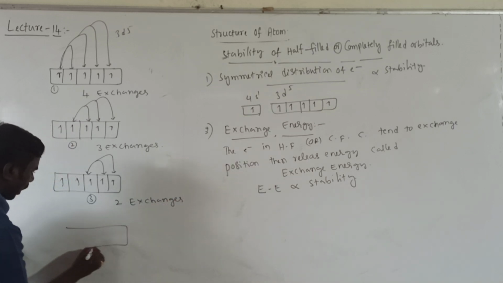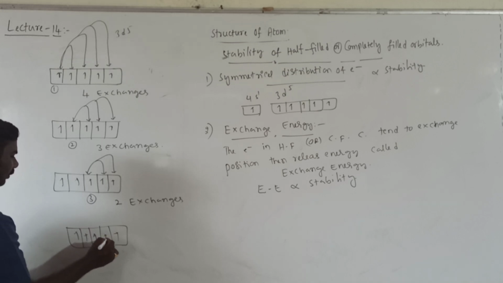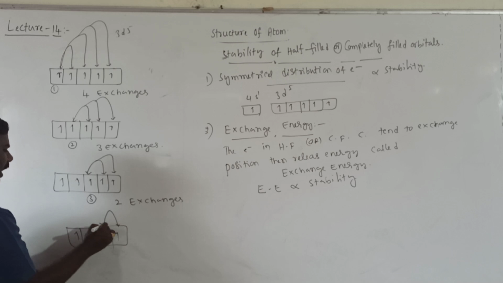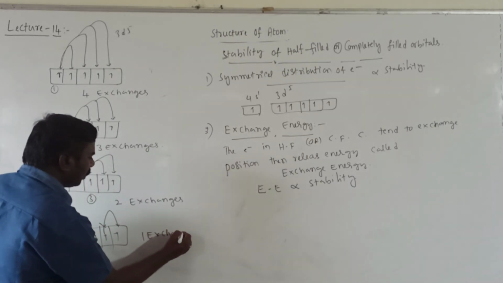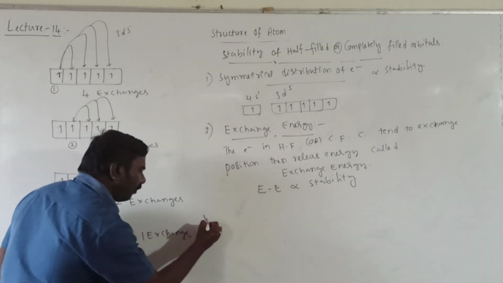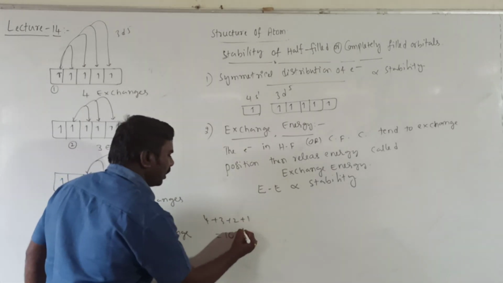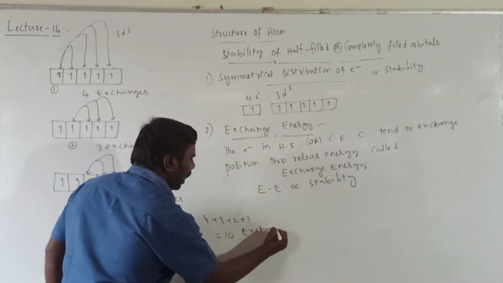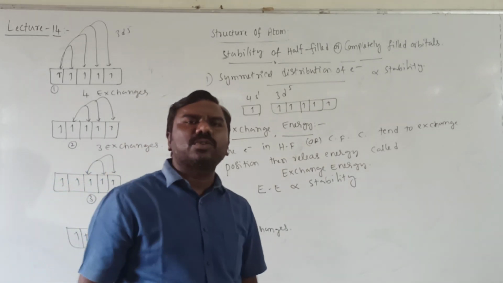Another possibility is the last electron, which has only 1 exchange. Totally 4 plus 3 plus 2 plus 1, that is 10 exchanges, so exchange energy is more, and stability is also more.